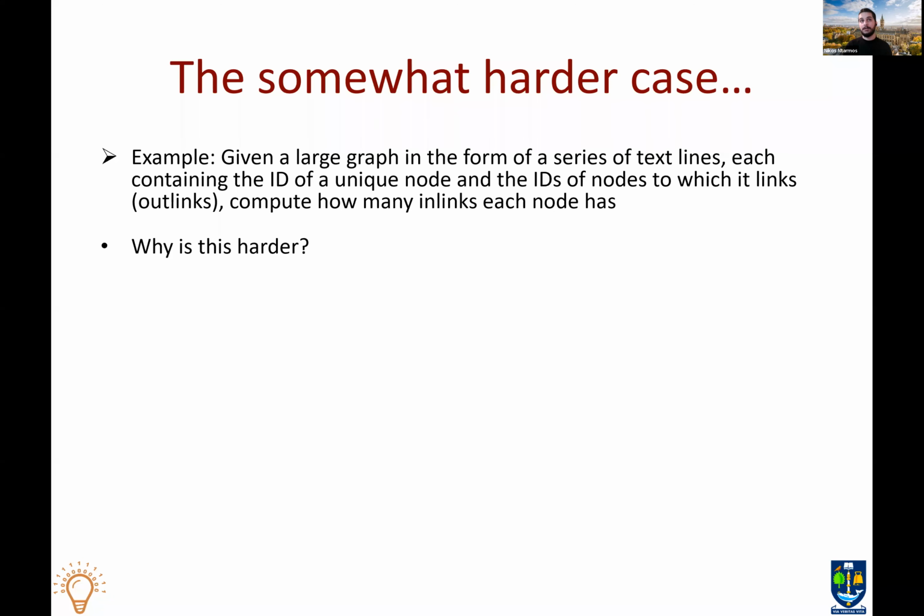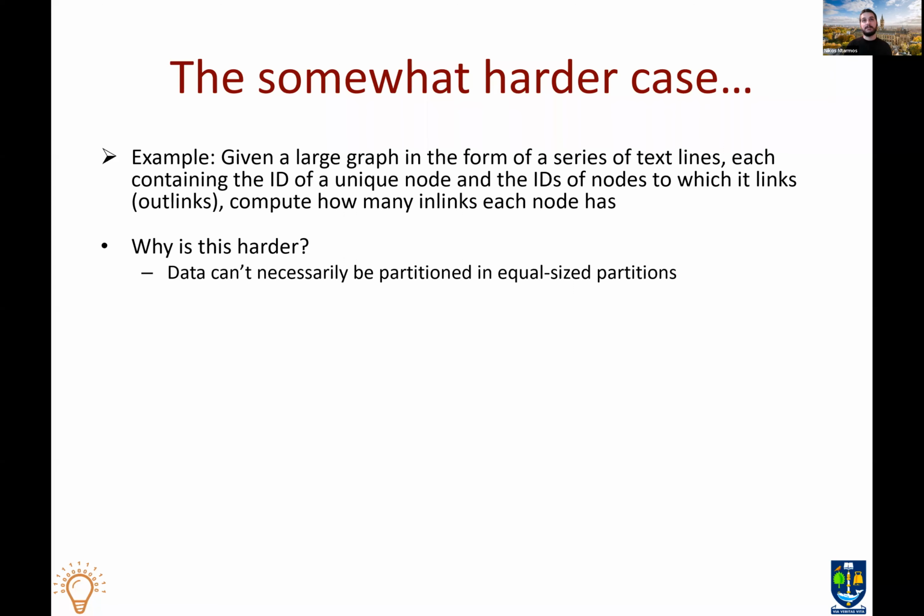Well, of course, data can't necessarily be partitioned in equal size partitions, because there is no guarantee that each of these nodes has the same size of its adjacency. So some nodes will have way more outlinks than others, right?